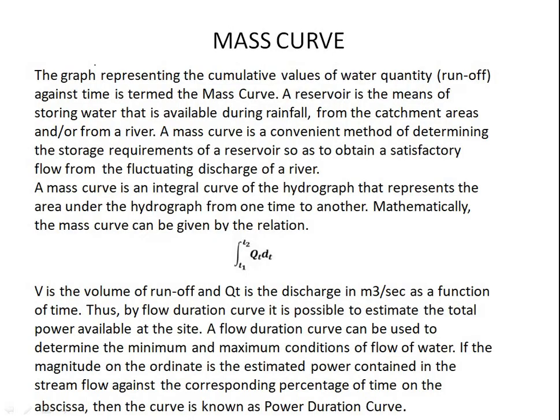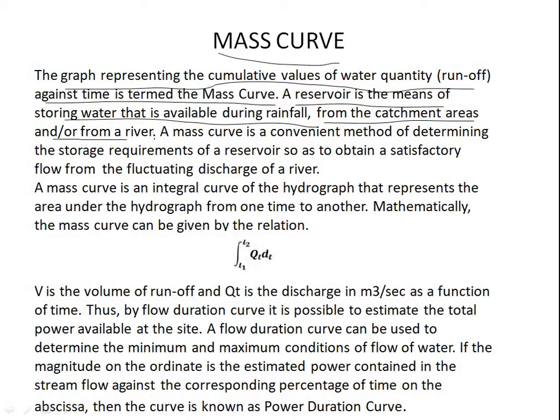The graph representing the cumulative values of water quantity runoff against the time is termed the mass curve. A reservoir is the means of storing water that is available during rainfall from the catchment areas or from a river. A mass curve is a convenient method of determining the storage requirements of a reservoir so as to obtain satisfactory flow from the fluctuating discharge of a river.